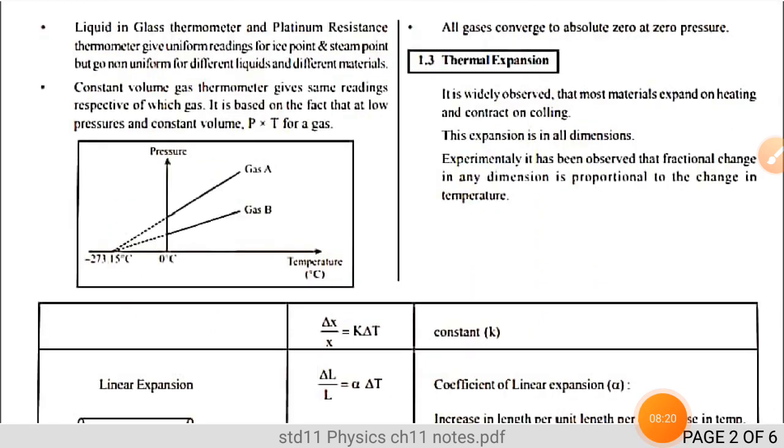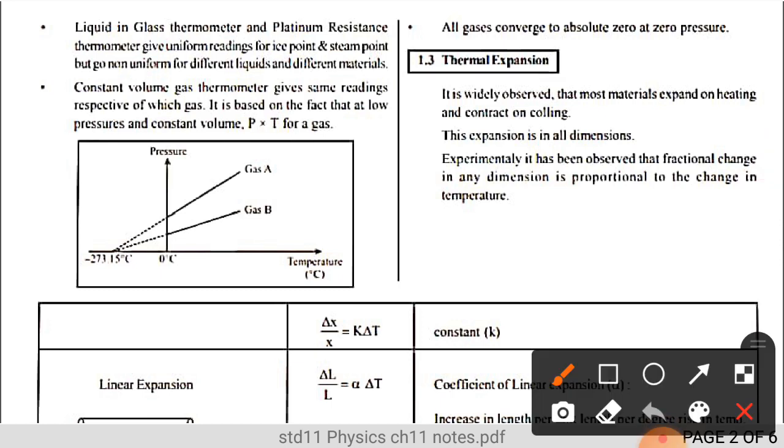By using that thermometer we draw a graph of pressure versus temperature, for different gases, gas A and gas B. Gas A is at different pressures and gas B is at different pressures.